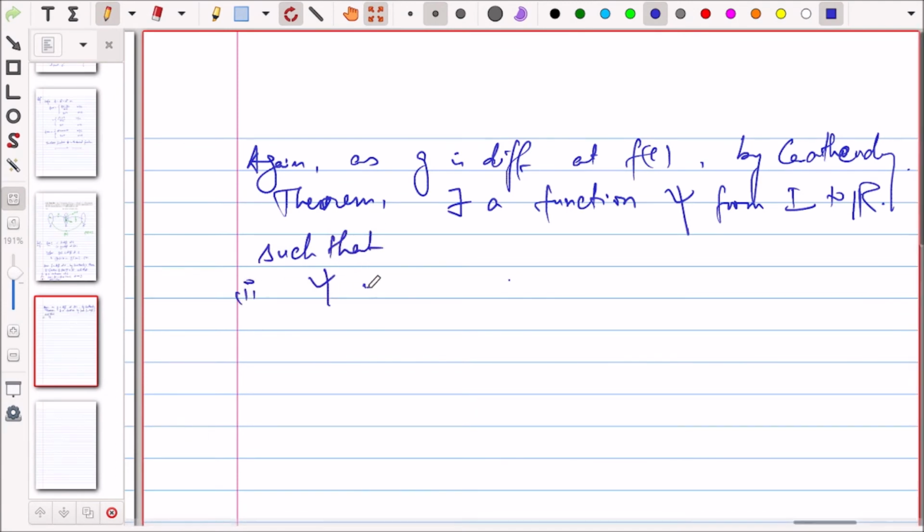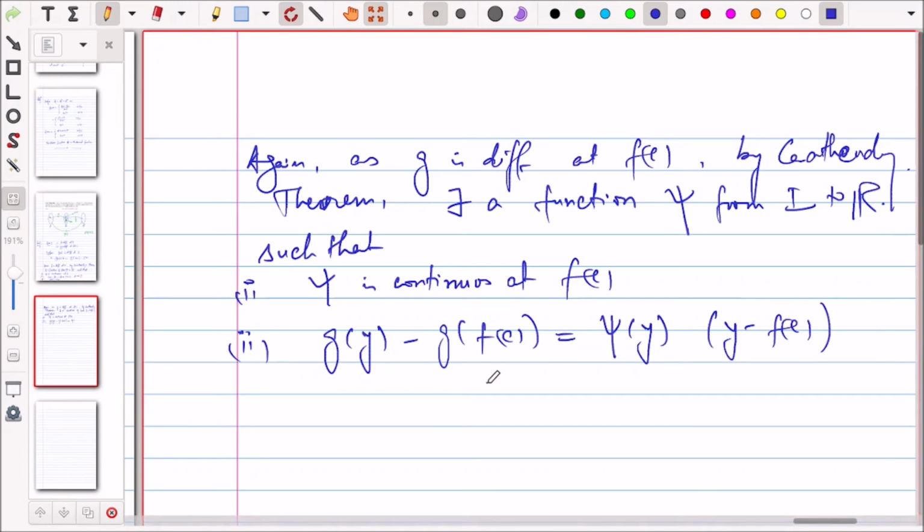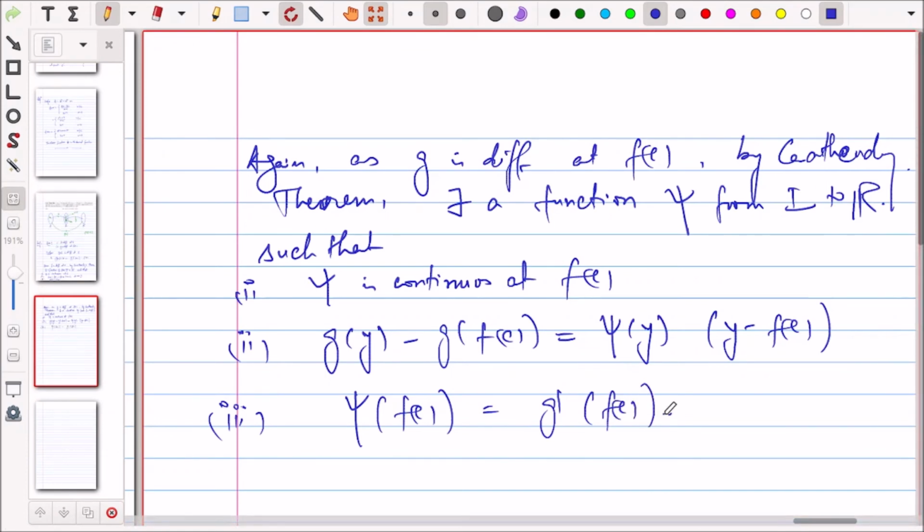First, psi is continuous at f(c). Second, g(y) minus g(f(c)) is equal to psi(y) times (y minus f(c)). And third, psi(f(c)) is equal to g'(f(c)). Fine, is it right?